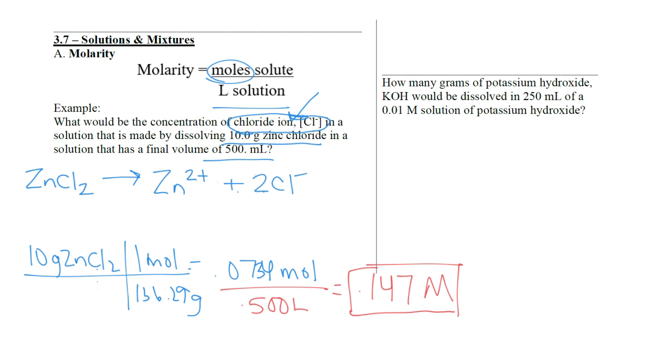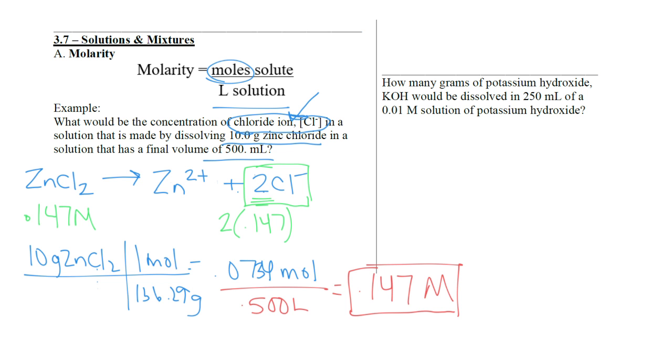So going back up here, my concentration of zinc chloride is 0.147 molar, but the question is not what is the concentration of zinc chloride, the question is what is the concentration of just my chloride ions. What I need to pay attention to is that for every 1 mole of zinc chloride, there are 2 moles of chloride ions. So I'm going to take that concentration number and multiply it by 2.